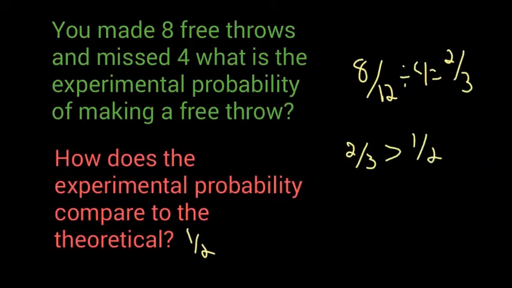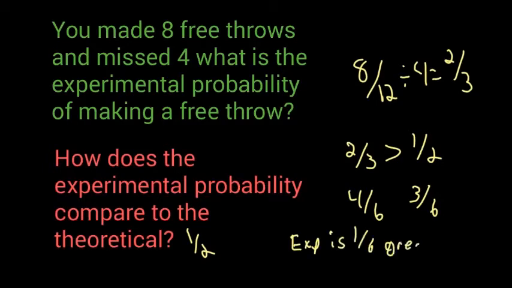If we make both of those into sixths, that would be 4/6 and 3/6. So your experimental is 1/6 greater than your theoretical.